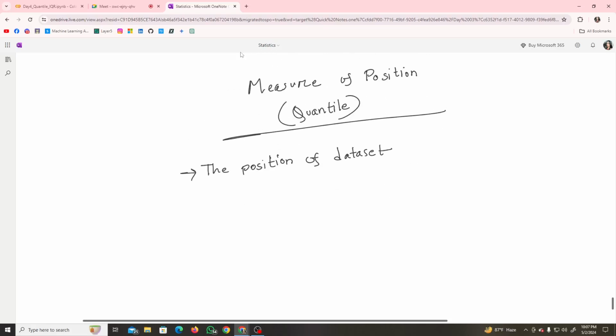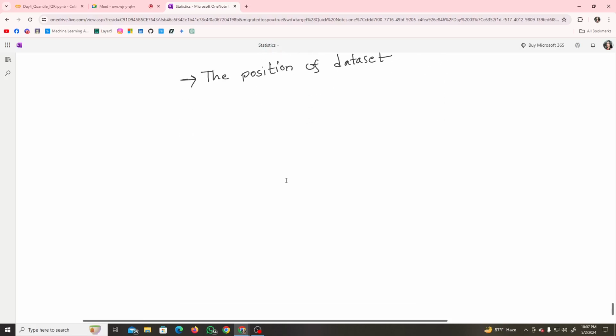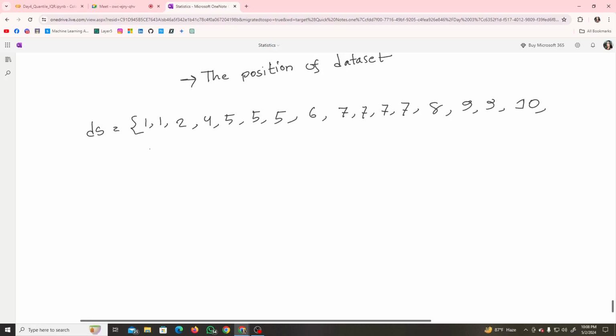So firstly let's get to percentile. Okay, before that, let me show you a dataset. Suppose this is your dataset, which has numbers like 1, 1, 2, 4, 5, 5, 5, 6, then 7, 7, 7, 7, and 7, and let's say 8, 9, 9, 10, 11, 11, 13, and 14.